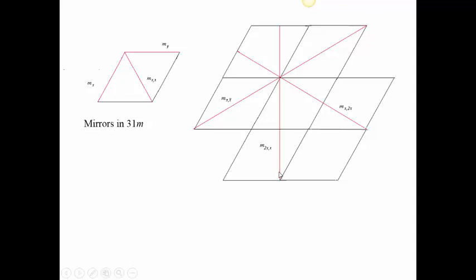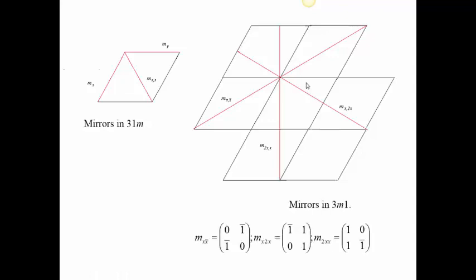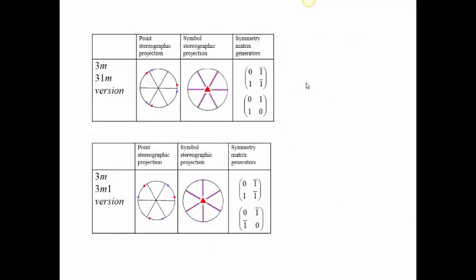And so we have these two different ways of looking at them and these two different ways of labeling the mirror planes. So here are the matrices, and here are the two versions of the 3-1M and 3M1.